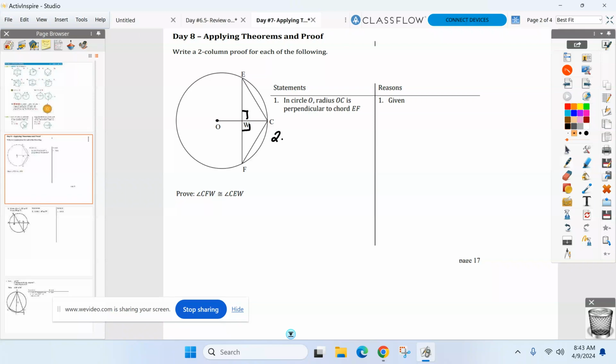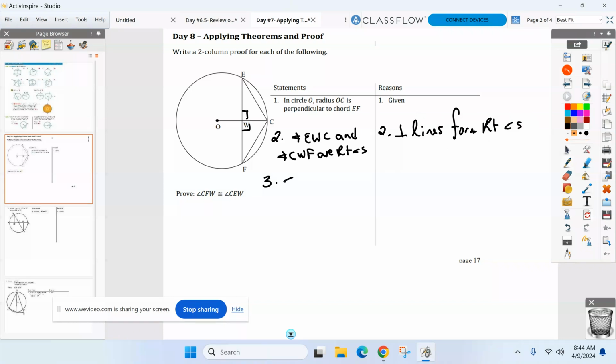I'll start this off. Why not? My steps 2 and 3 are going to be telling you these are right angles and then they're congruent. I think we can all handle that. All right, so I'm going to tell you that these are EWC and CWF are right angles. Remember, perpendicular lines form right angles. And then I'll tell you they're congruent.